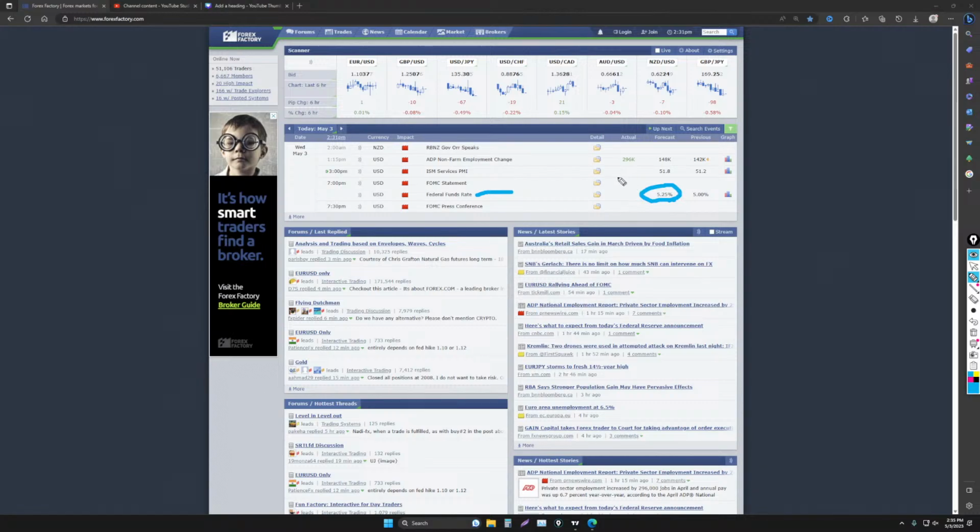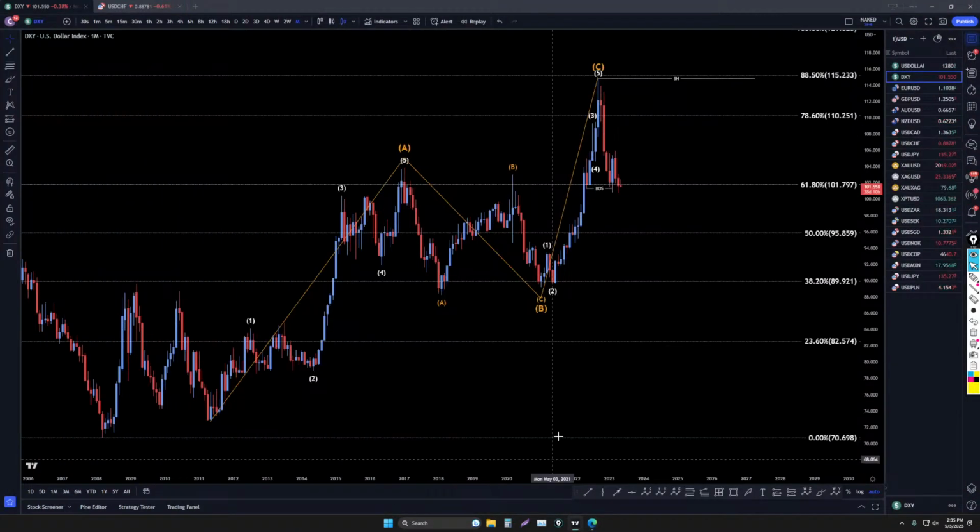So unless they do something dramatic like change it to a half a point, or they don't raise it at all, I think that the market may have already priced in the news and that the move has already pretty much happened. So let's go back to the chart. That's at 7 p.m. UK time, that's at 2 p.m. New York time. So let's head back to the charts.